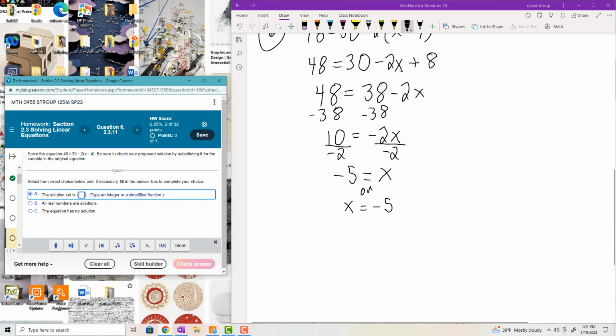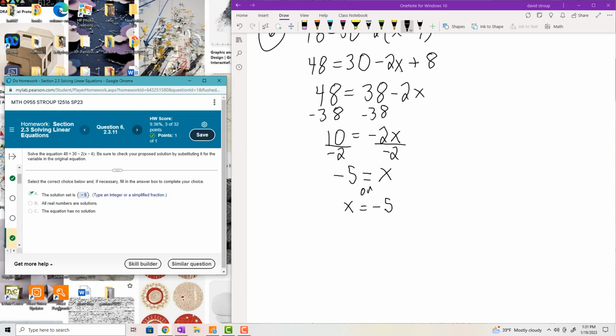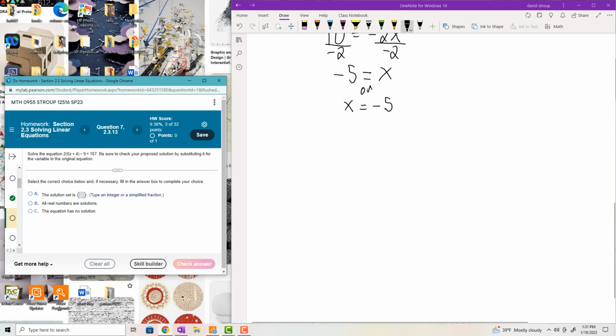Okay, so you go over there and plop it in. You can check your answer just by back substituting into the original equation. Let's see, this is another distribution, and let's just do number 7. It's a more typical distribution problem because number 8 is going to be a little different.